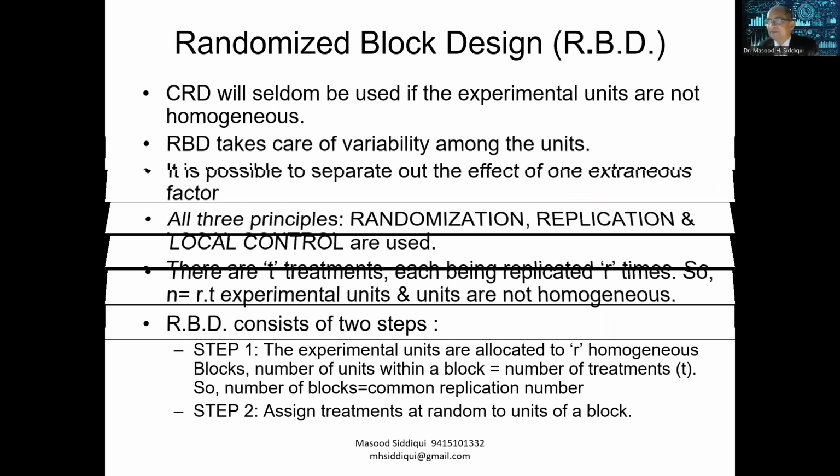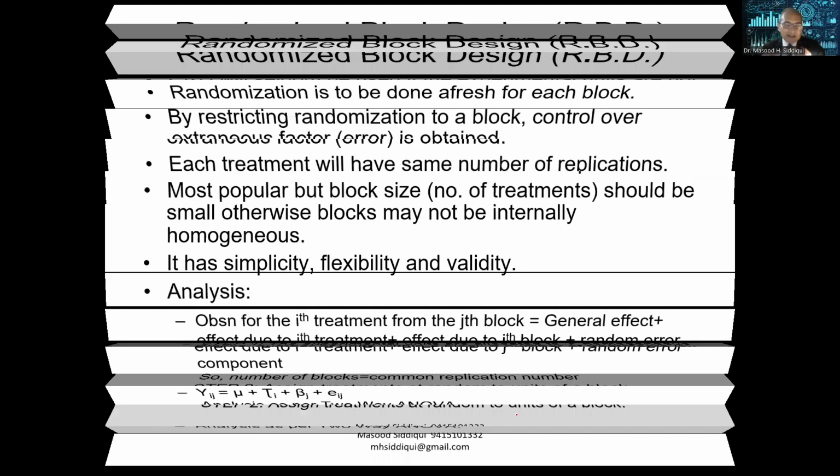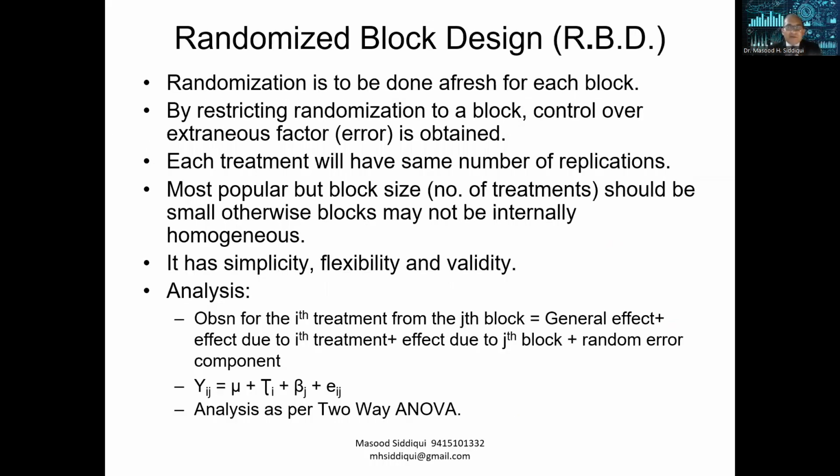Now, in the completely randomized design, there is no restriction on the randomization. Randomization is done on the whole sample. But here we are restricting the randomization. How? Randomization is to be performed afresh for each block, so the randomization is limited to a block only.